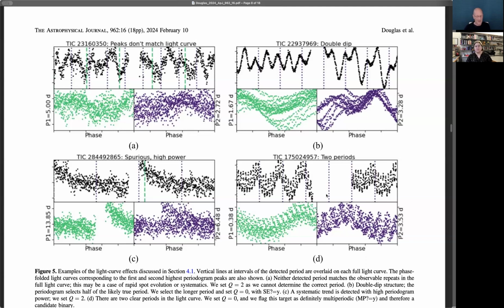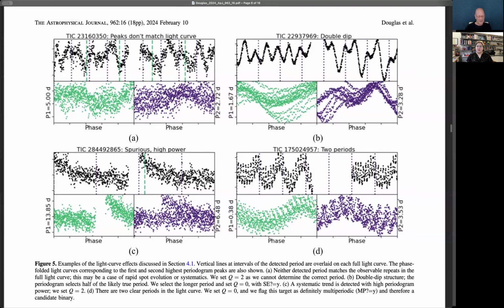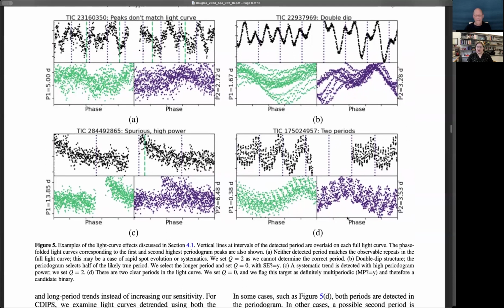I went through every light curve twice, at least, to flag these and do quality control on the periods. Because TESS is noisier and has a shorter baseline than the work I'd done with K2 before, I was a lot more strict about what I considered a good period.